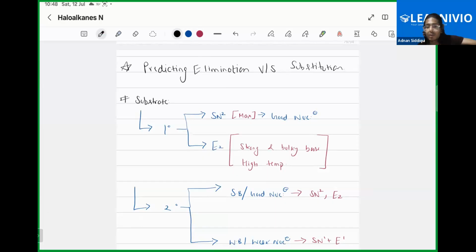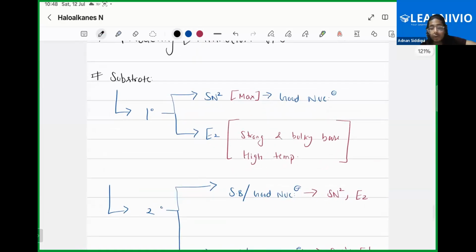You will observe E2 if your nucleophile or negatively charged species is strong and bulky. If your nucleophile is very bulky, it won't be able to attack properly, because if I'm very bulky, I won't be able to attack at a very small place, from the backside. So I will automatically go for acting as a base, or if you are providing high temperature, it will again go for acting as a base.